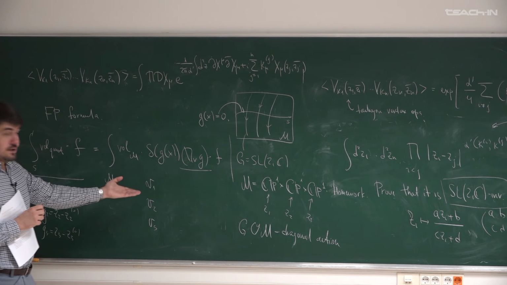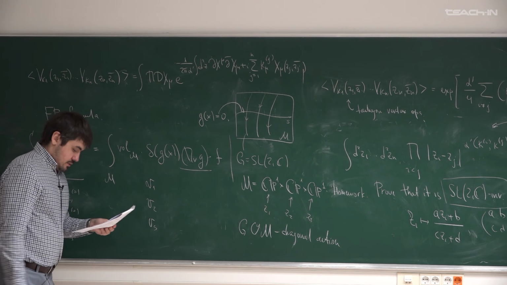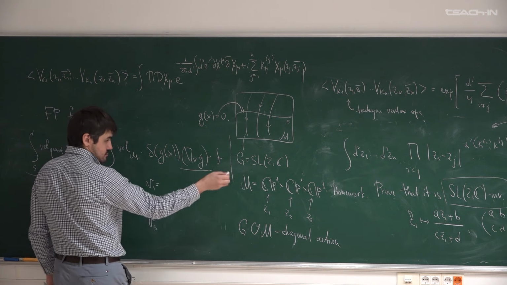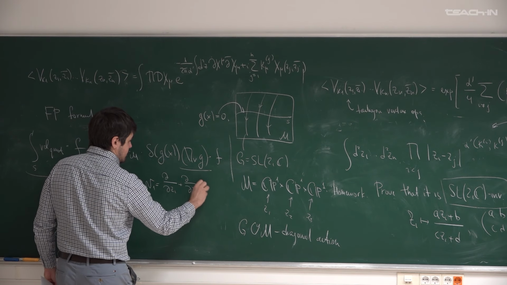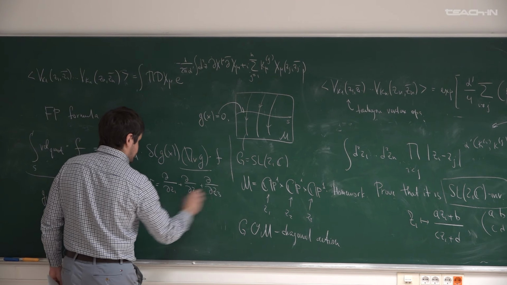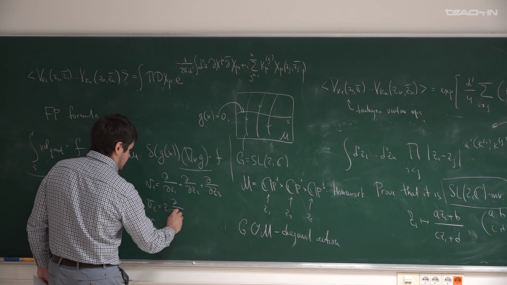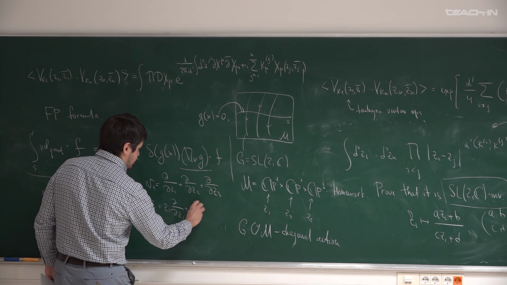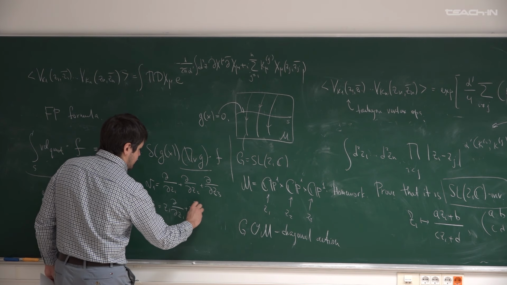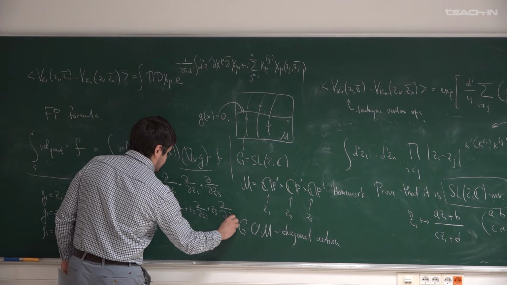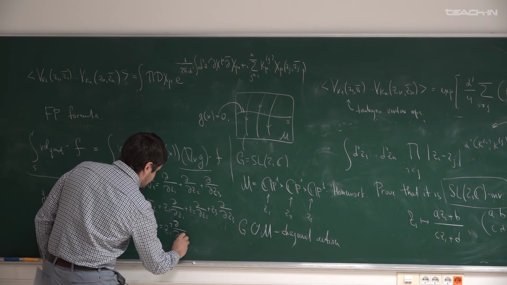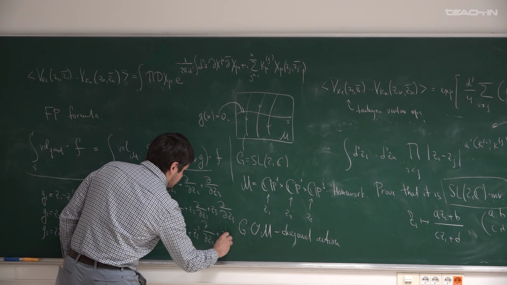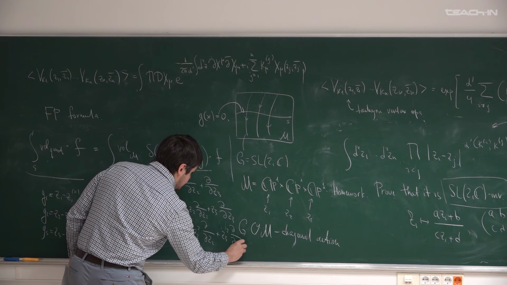So we should write out those vector fields. The vector fields of SL2C are d over dz1 plus d over dz2 plus d over dz3. The second one is z1 d over dz1 plus z2 d over dz2 plus z3 d over dz3. The third is z1 squared d over dz1 plus z2 squared d over dz2 plus z3 squared d over dz3.